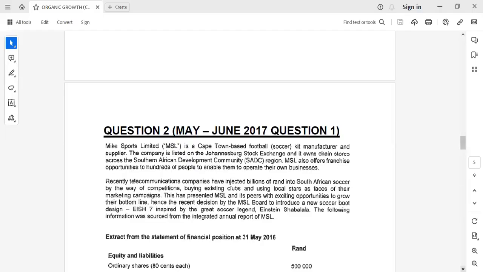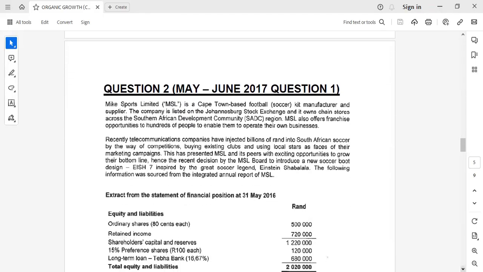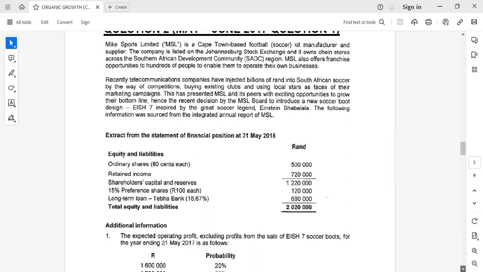Right. We have here Mike Sports Limited, a Cape Town-based football soccer kit manufacturer and supplier. The company is listed on the Johannesburg Stock Exchange and it owns chain stores across the Southern African Development Community (SADC) region. MSL also offers franchise opportunities to hundreds of people to enable them to operate their own businesses.